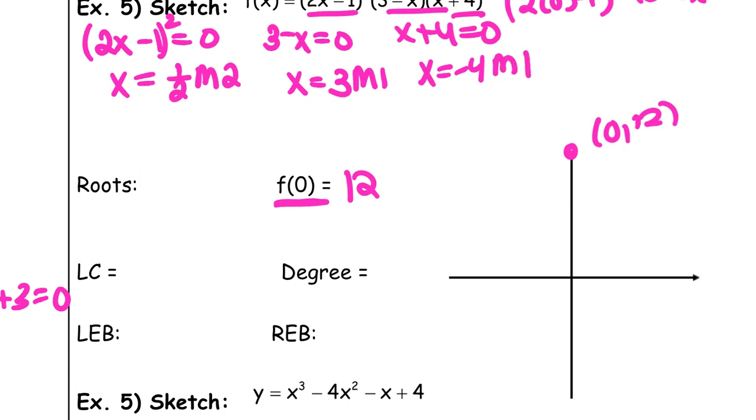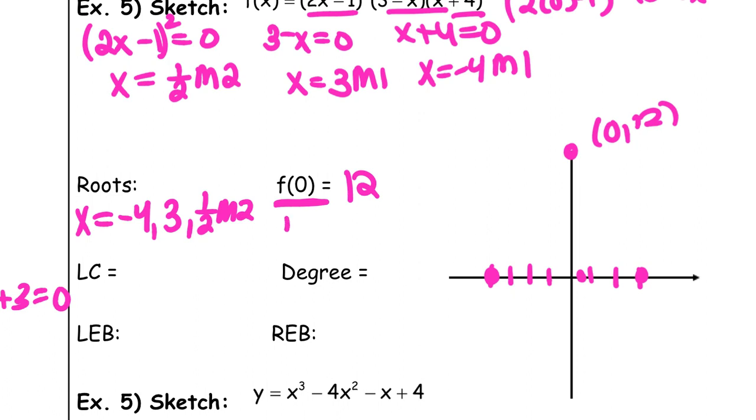This one is x equals -4, it'll cross like a line does. So our roots are x equals -4, 3, and 1/2 multiplicity 2. So we got -4, 3, and then we got a half in there.